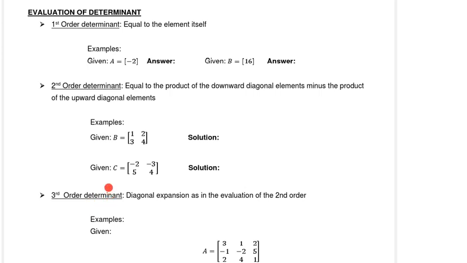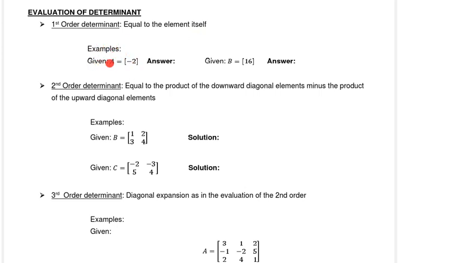So we have here an example of evaluation of determinants for the first order, second order, and then the third order. The evaluation of the first order determinant is equal to the element itself. So we have here an example.